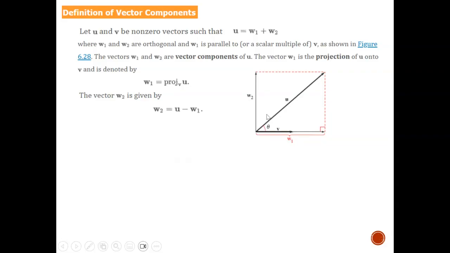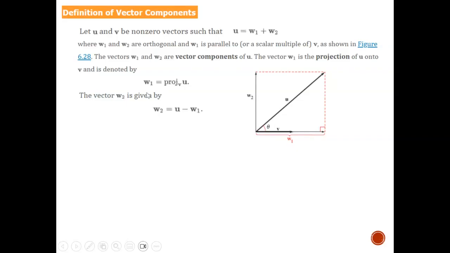Vectors w1 and w2 are orthogonal, or perpendicular. And vector w1 is parallel to, or a scalar of, vector v, which is here. This is vector v, and vector w1 is a scalar multiple because you multiply a certain number times that vector, and it'll give you w1.